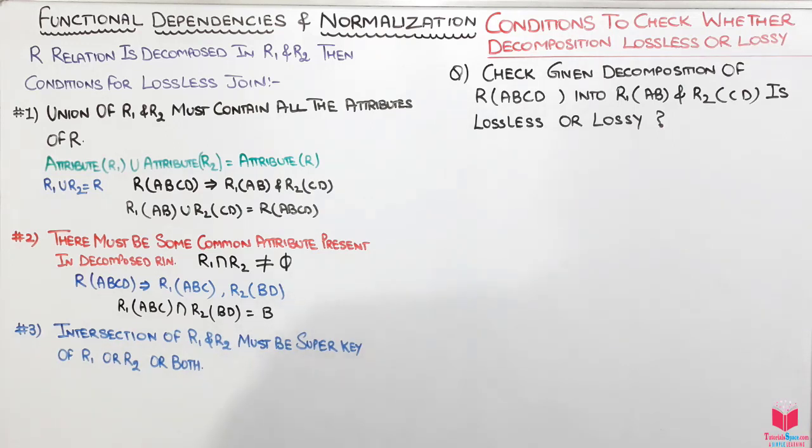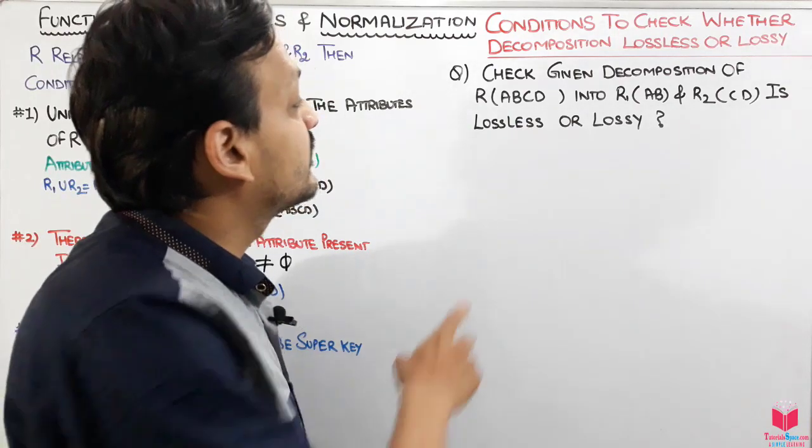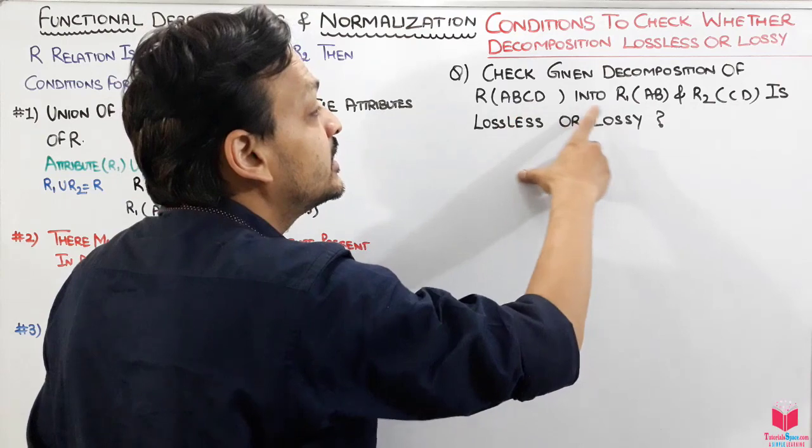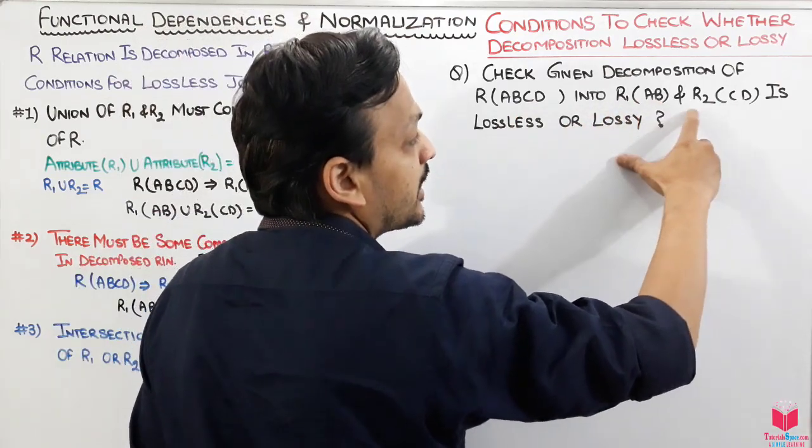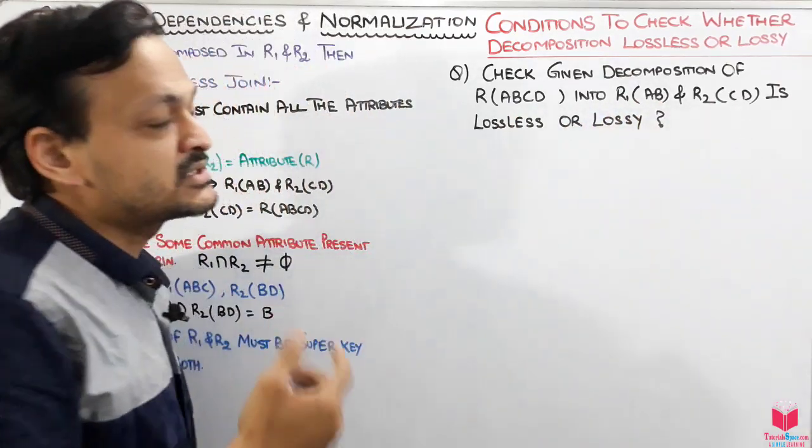Okay guys, so let's take an example. Sometimes in examination it comes like this. Check whether the given decomposition of R that contains ABCD into R1 with AB and R2 with CD is lossless or lossy.